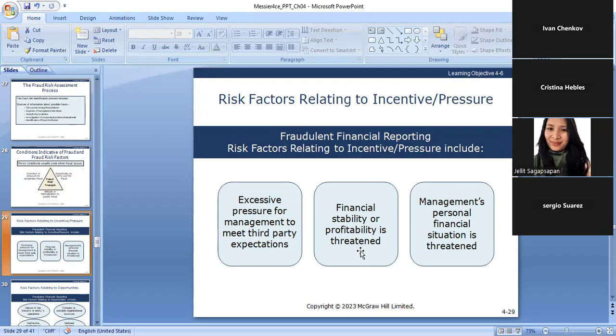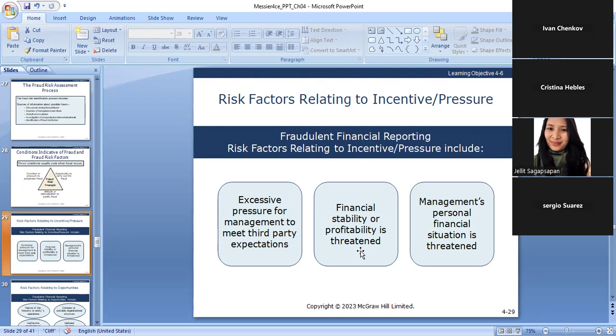Basically, if I'm exposed to current trends in the industry which reduce my income and revenue, my revenue is important so I can keep the earnings per share the same, because if my earnings per share goes down, that means my market price is going to go down, and then I'm going to start losing money. Maybe I can do something about it. The last one is the management's personal financial situation being threatened. So basically that will be on the personal level.